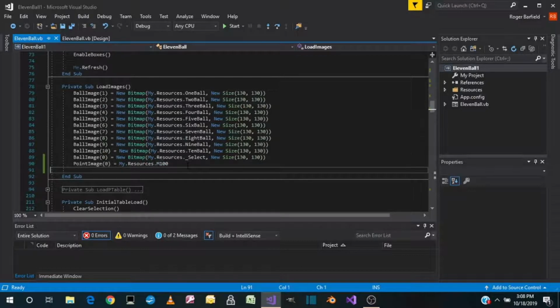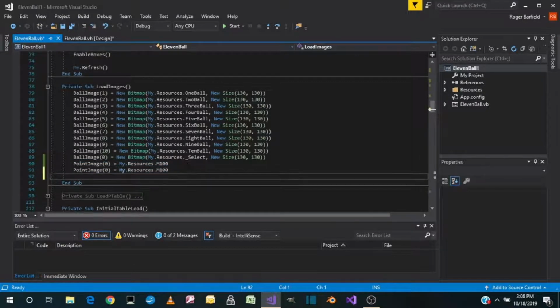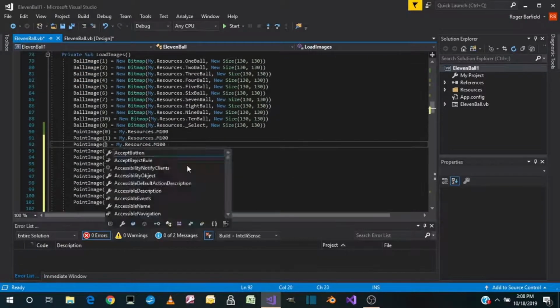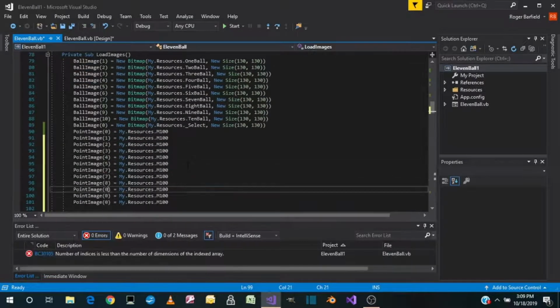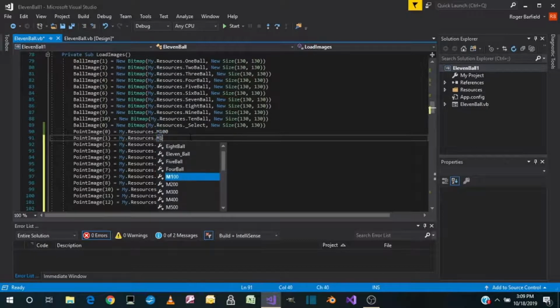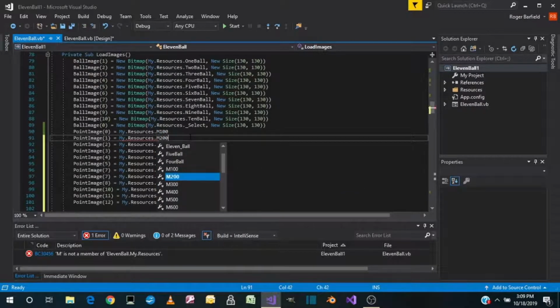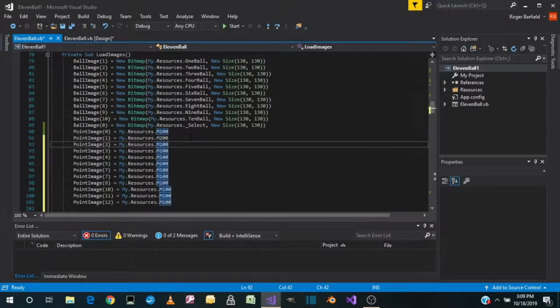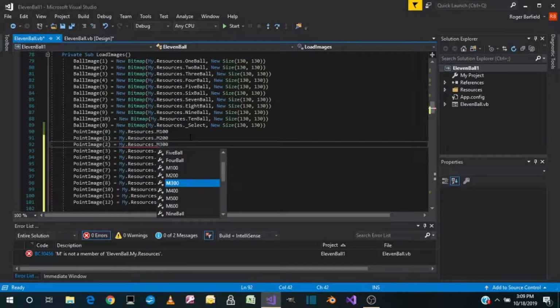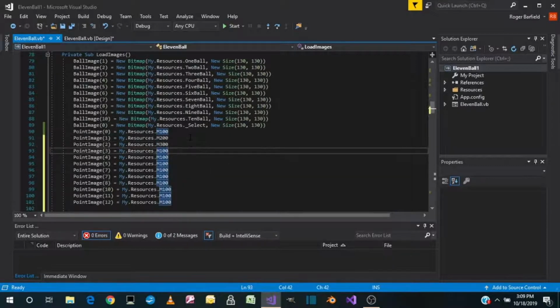We won't have to resize them. $200, $300, and actually I'm doing it backwards.